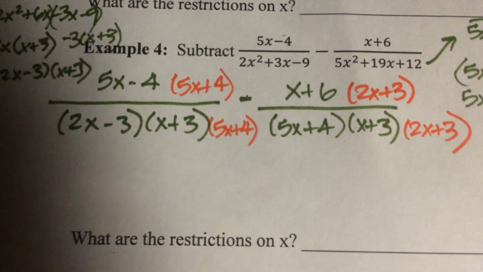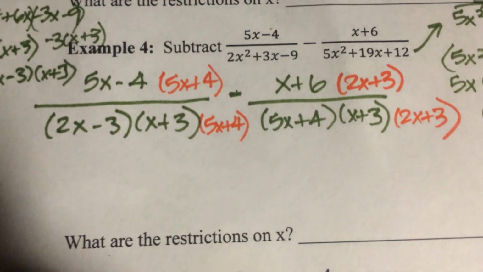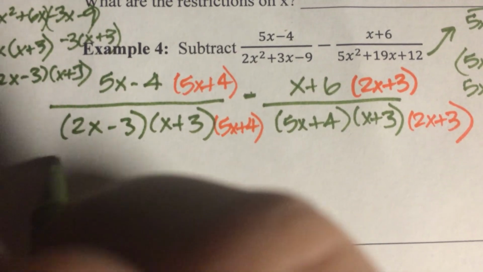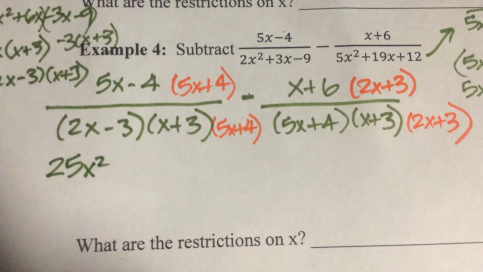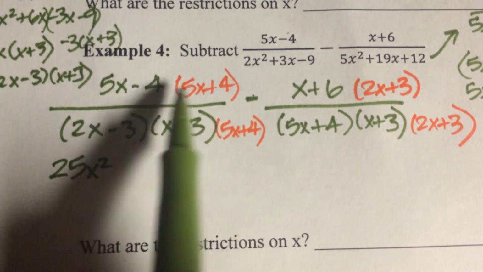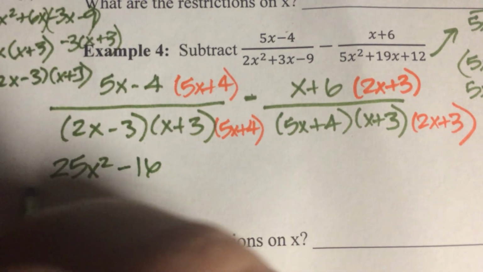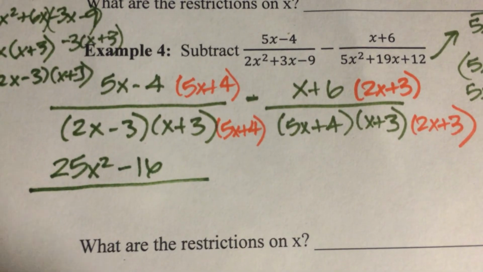All right. So let's do some FOILing on top. These are complex conjugates, so that's kind of cool. So 25x squared plus 20x minus 20x is going to go away. So that's what happens when you FOIL that one out.